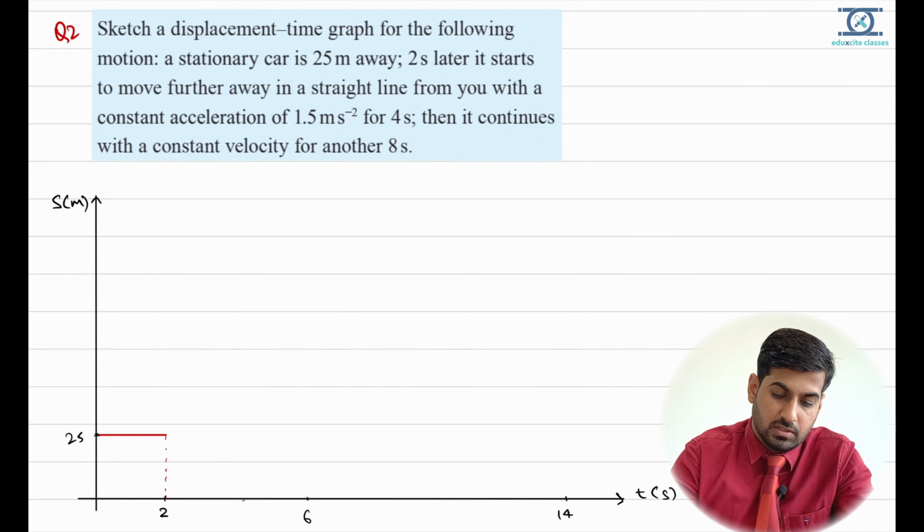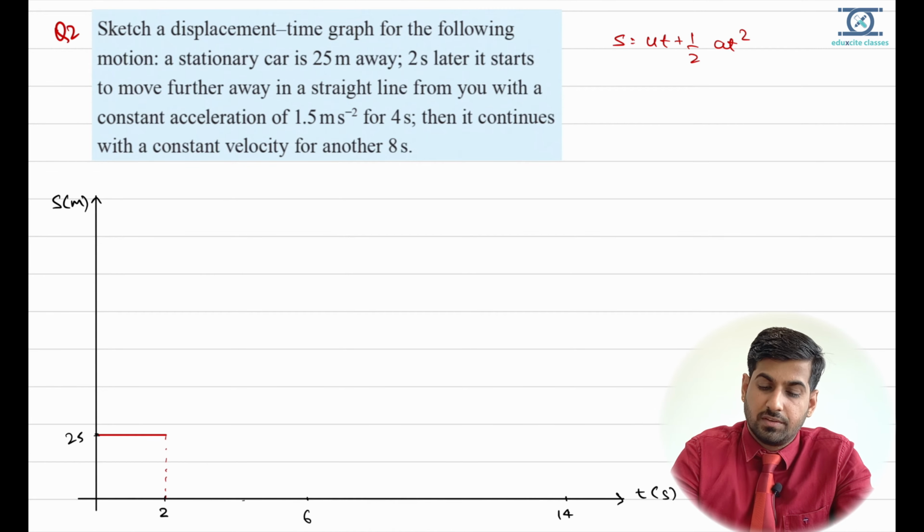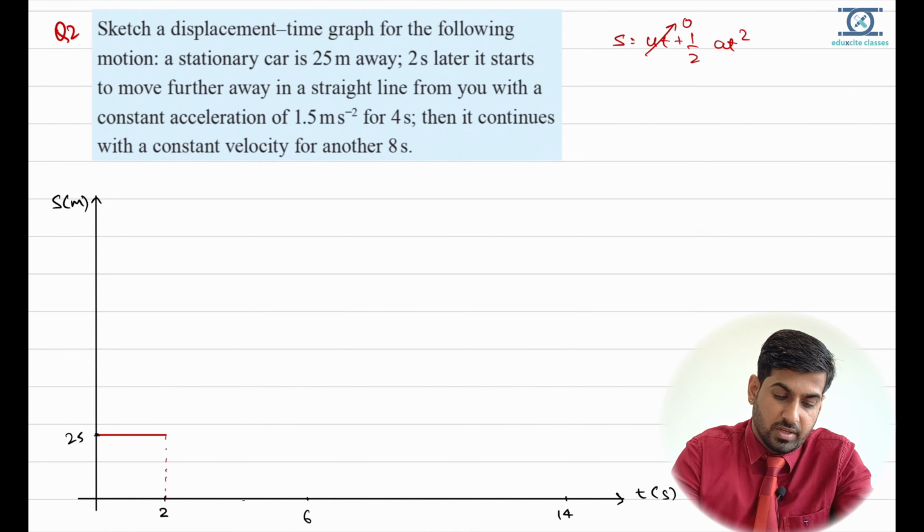So what will be the displacement covered during this 4 seconds? You can find out using s equals ut plus half at squared, right? This formula is given in your data booklet. So u will be 0 because it started from stationary, so initial speed will be 0. So s will be half times acceleration, which is given as 1.5, that is 3 by 2, into 4 squared.